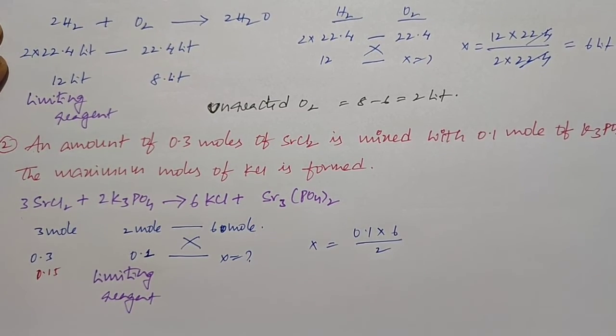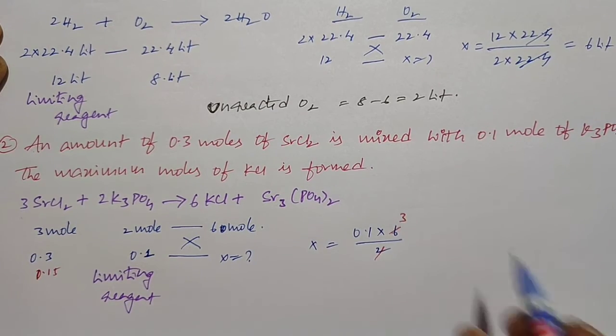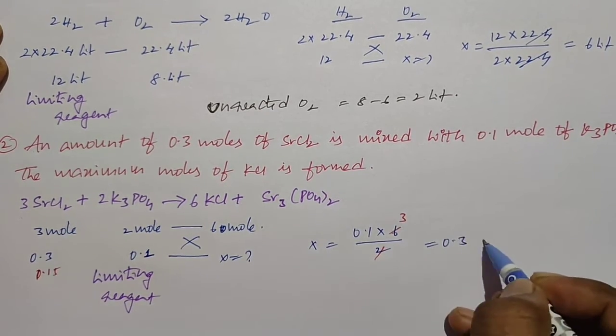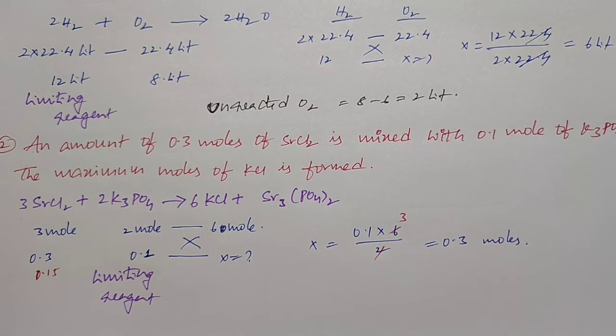After simplification, 2 will be cancelled 3 times, so it is equal to 0.3 moles. So 0.3 moles of potassium chloride can be formed from 0.3 moles of strontium chloride and 0.1 mole of potassium phosphate. Here potassium phosphate acts as the limiting reagent, and 0.15 mole of strontium chloride is left unreacted in the given reaction.